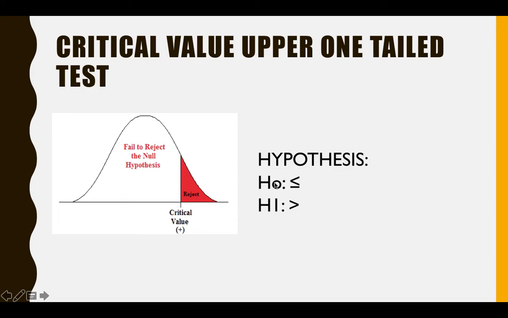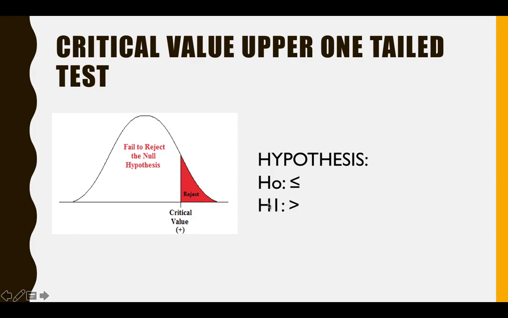If you have a null hypothesis with a sign of less or equal than, and an alternate hypothesis with a sign of greater than, straight away you know that you should be using an upper one-tailed test, meaning that the rejection region should be on the right side of the tail.